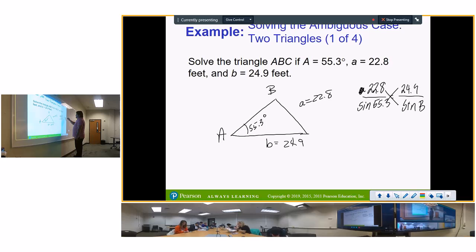So that's going to be 24.9 times the sine of 55.3 divided by 22.8, inverse sine, and somebody tell me if you come out with a comparable number. If you come out with a number, that means the triangle exists.